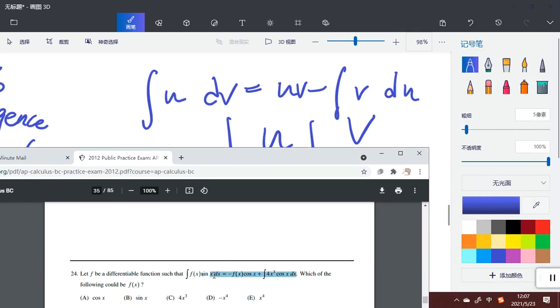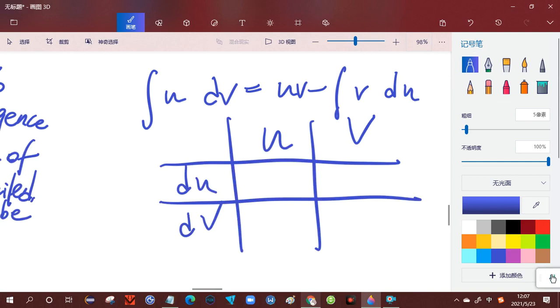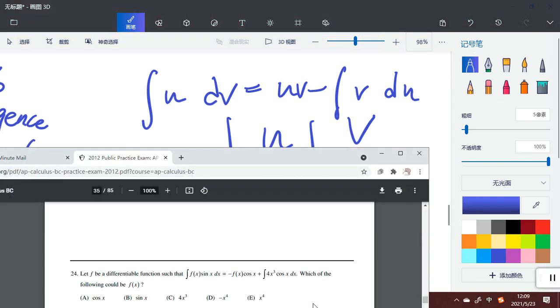Here it is sine x. I mean, here f of x stayed constant. You see f of x and f of x, it did not change. It is clear that f of x stayed constant here while sine x changed to negative cosine x.